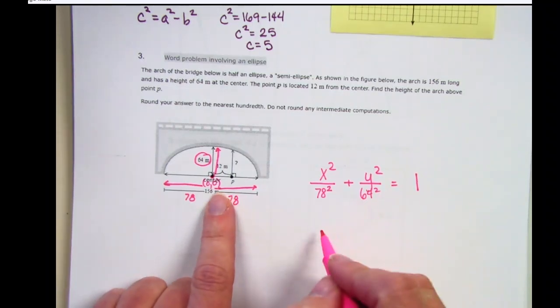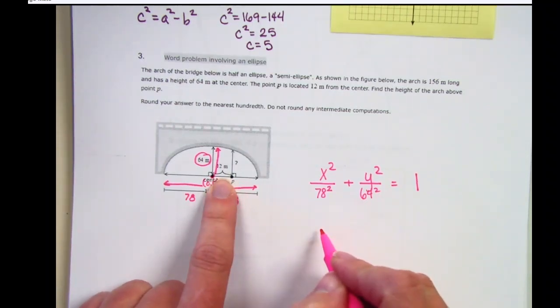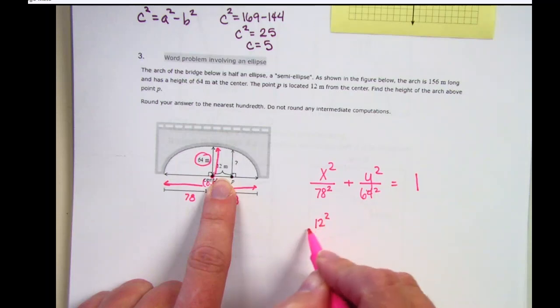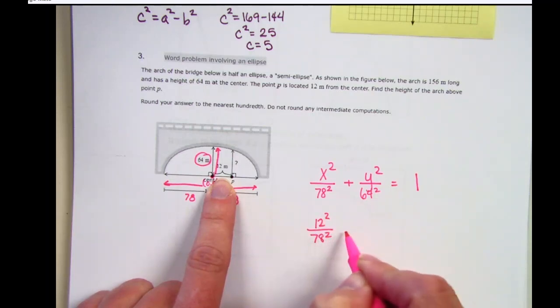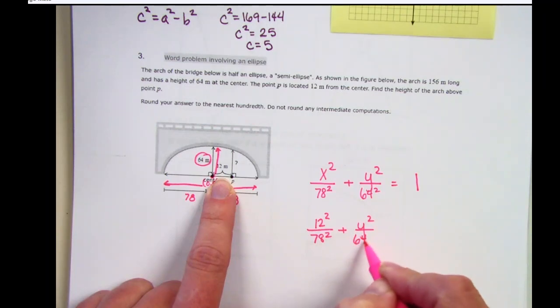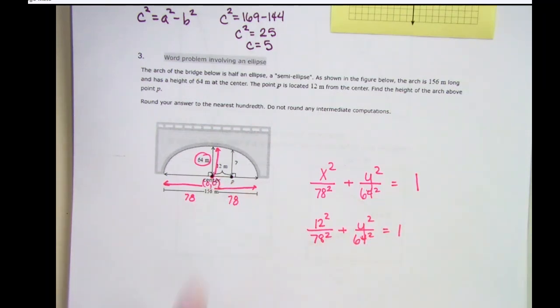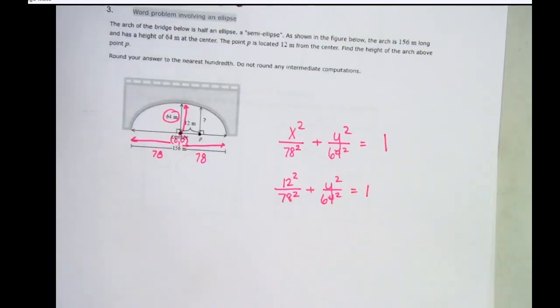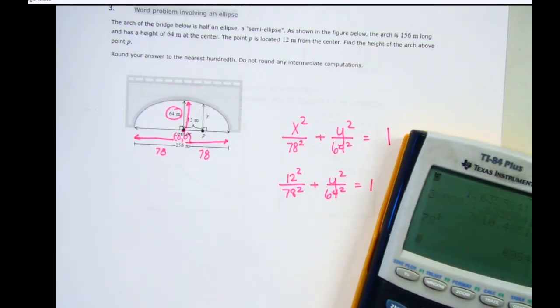So let's see. It tells me the x value is 12. So I've got 12 squared over 78 squared plus y squared over 64 squared equals 1. All right, so I'm just going to do 1 minus, I'm going to take this whole thing away.